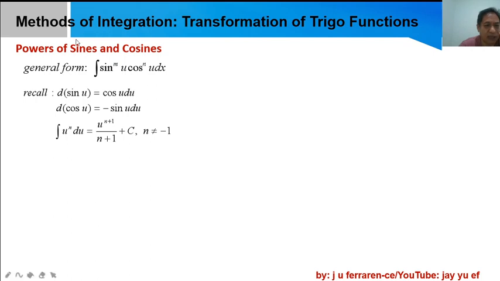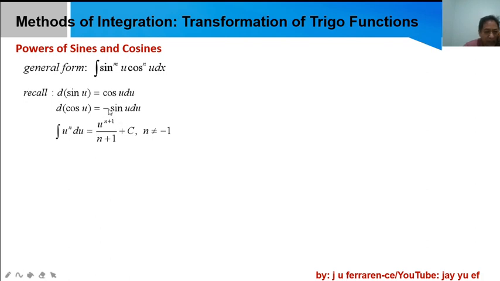These two are being paired because sine can be a differential of a cosine and cosine can be a differential of a sine, in order for us to possibly apply the power rule of integration. The differential of sine u is equal to cosine u du. The differential of cosine u is equal to minus sine u du. So if any of the functions here will serve as our u, the other function will be considered as its du.